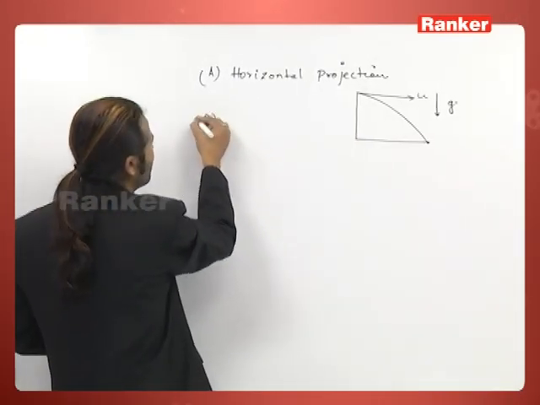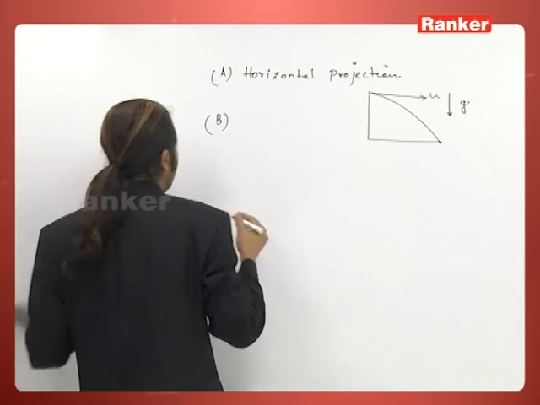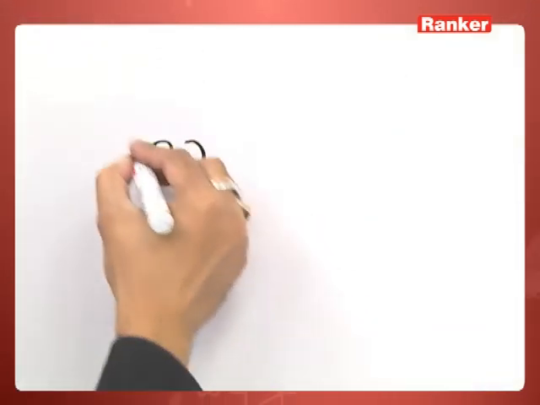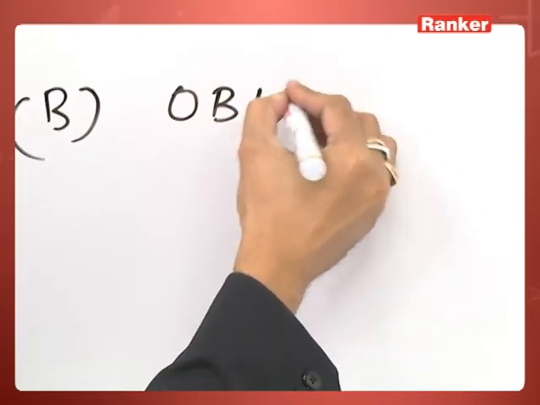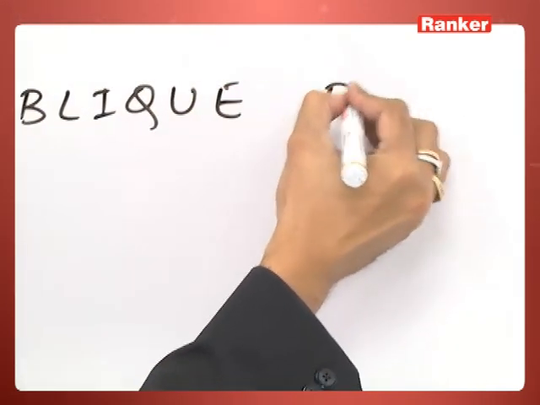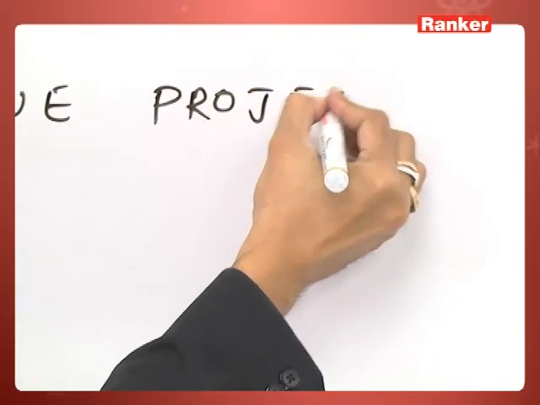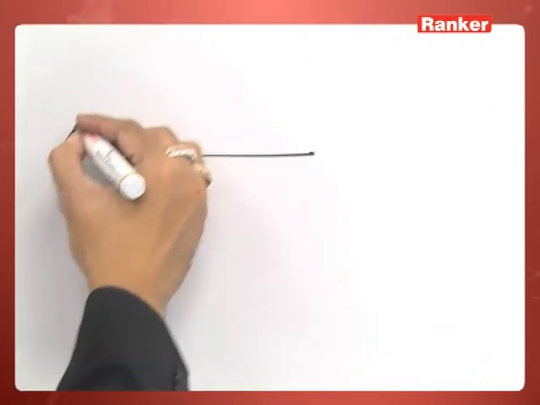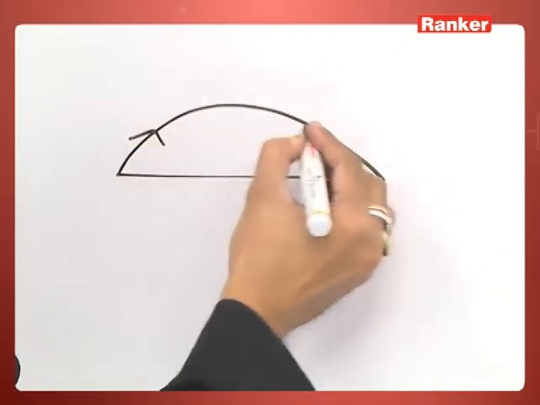Number B, we will have oblique projection. Oblique projection means, examples I give you. This is an oblique projection.